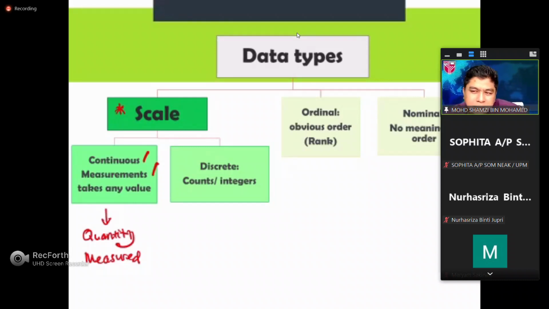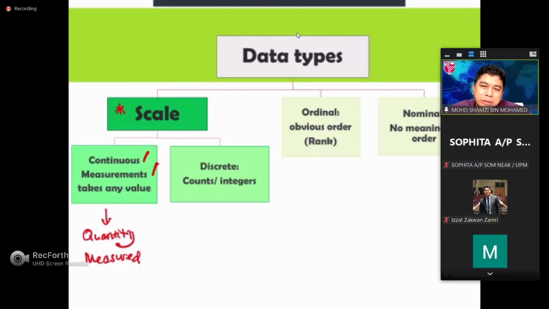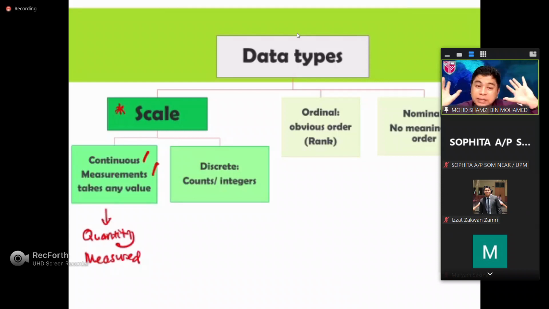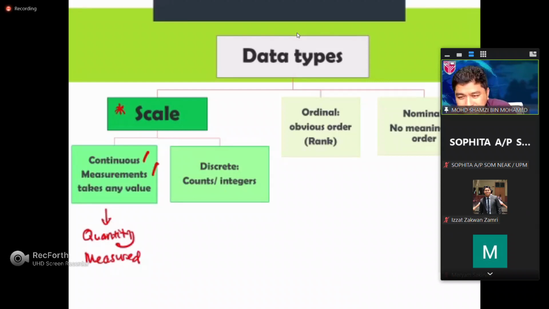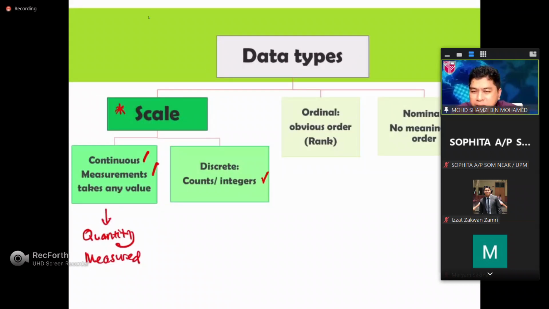In this case, maybe the quantity is a lot, like the grains of sand or the grains of rice. You're talking about huge numbers. It's discrete. You count, but in huge, meaningful numbers, maybe in the thousands. So it's integer, but quite a lot of numbers. Small integers or a few integers can be nominal or ordinal.